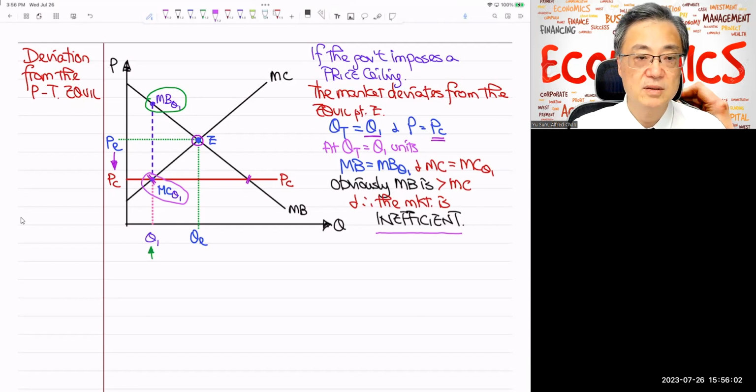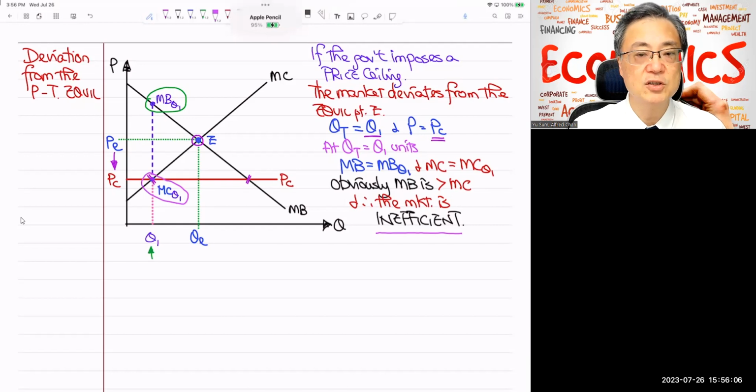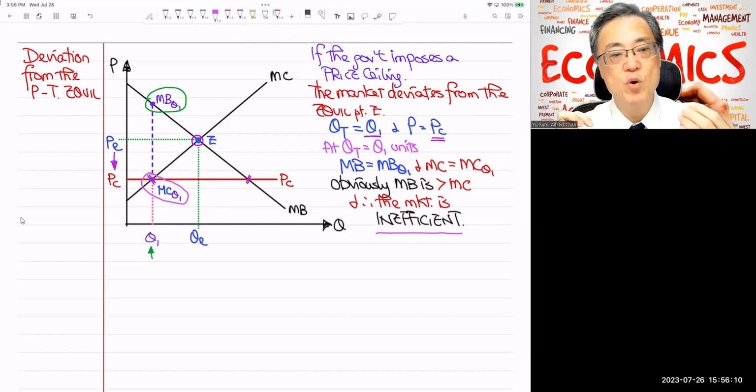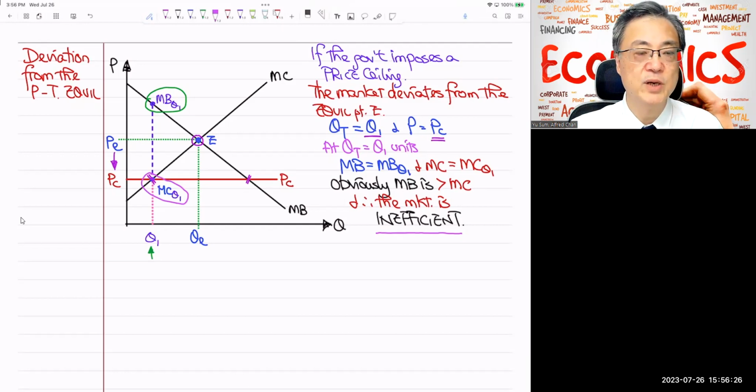All right, so this brings to the end of this session. The last part, I just want to bring out the important concept. When we say that the market is efficient, how do you prove it? At the output level, MB exactly equals MC. Then it is efficient. There's no way the market can do better than that.